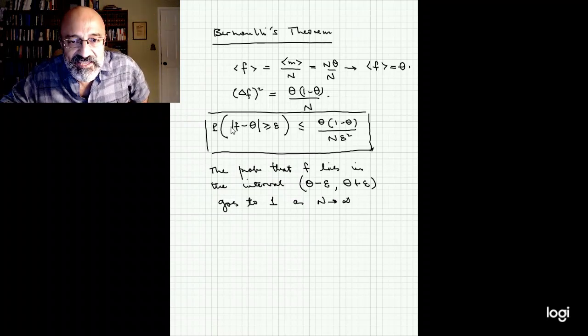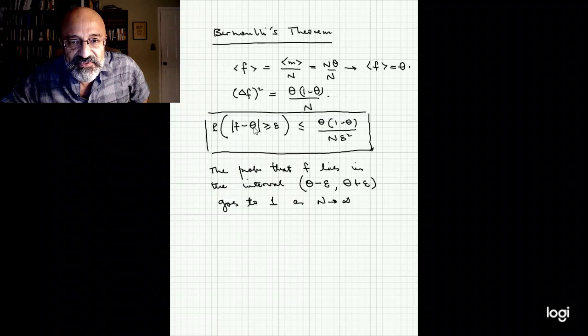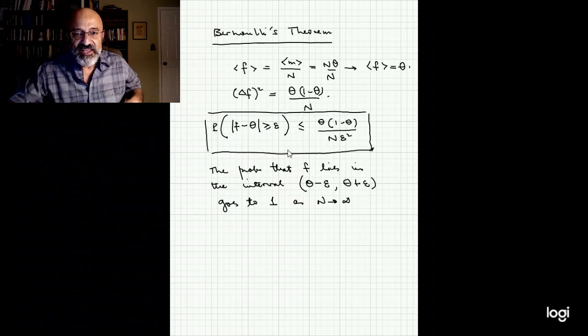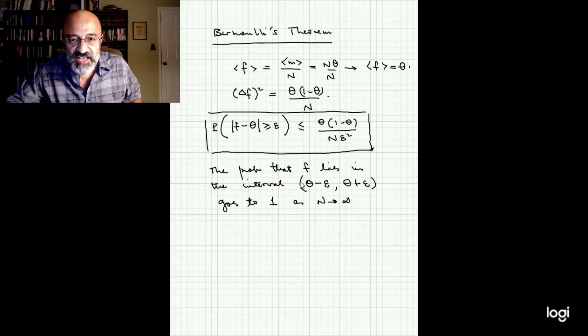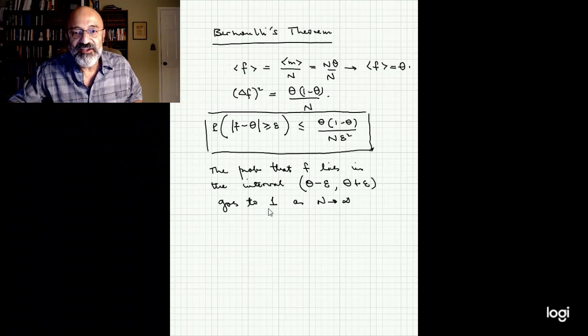Here we're saying the probability that f differs from theta by something bigger, in other words, that f is outside this range, that probability goes to 0. So the probability that you're inside this range goes to 1.